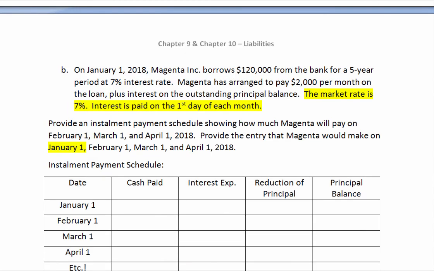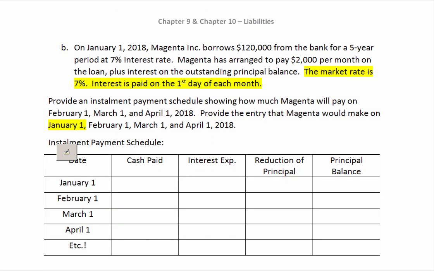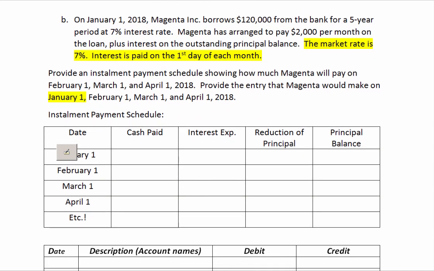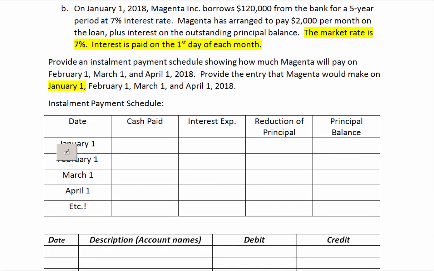So here we go. Now we're talking about B. B is where we have a set amount that we're going to pay from the principal. So on January 1st, 2018, Magenta Inc. borrows $120,000 from the bank for a 5-year period at 7% interest rate. Same information.